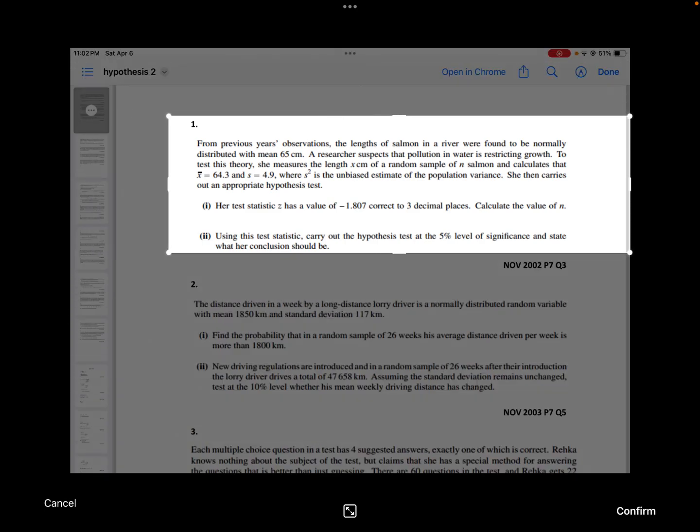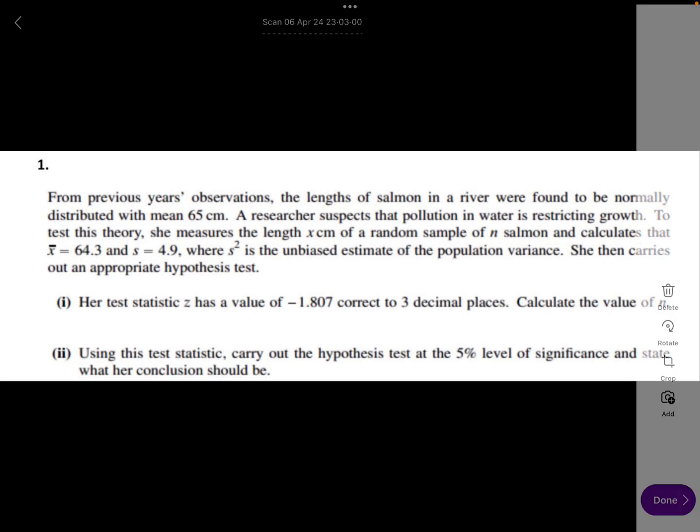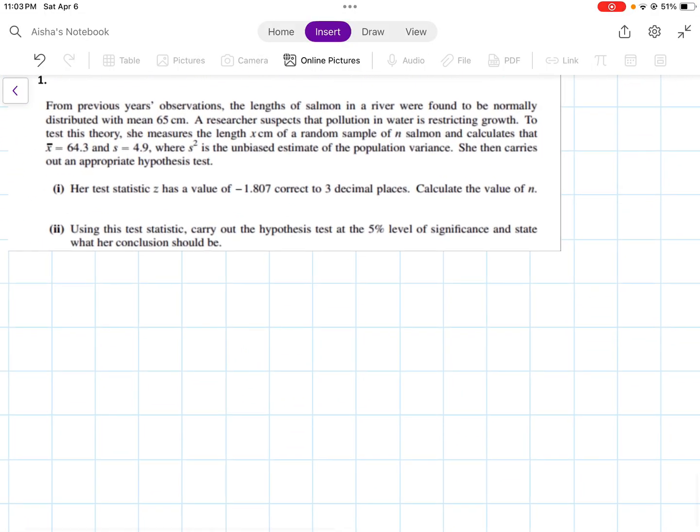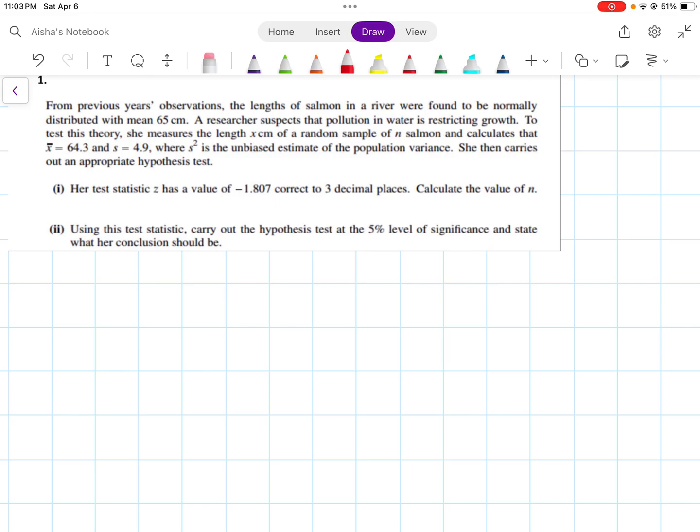I'm doing mixed questions so that you can also identify and do mixed questions on your own. Now, from previous years' observations, the length of salmon in a river were found to be normally distributed with mean 65. So this is the population mean, you can say that. Researchers suspect that pollution in water is restricting growth. So you say that your length is 65, but the alternative says that it is becoming less than 65.